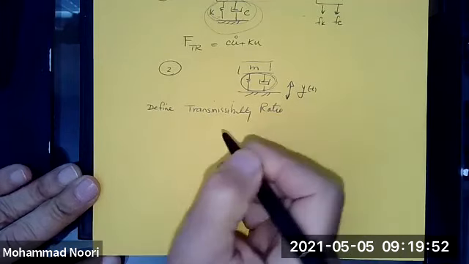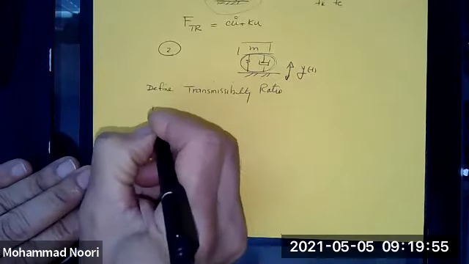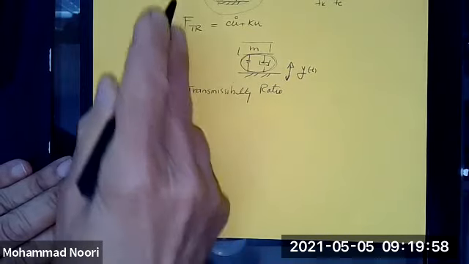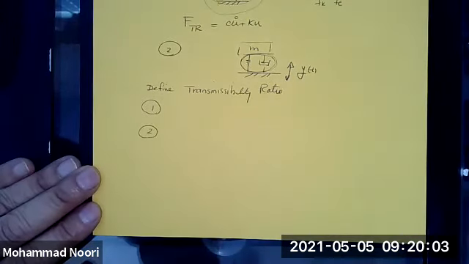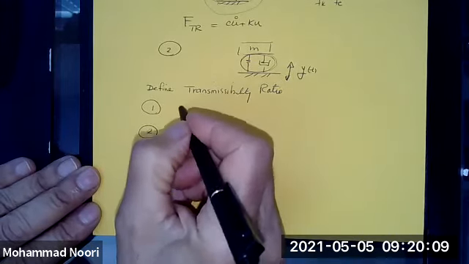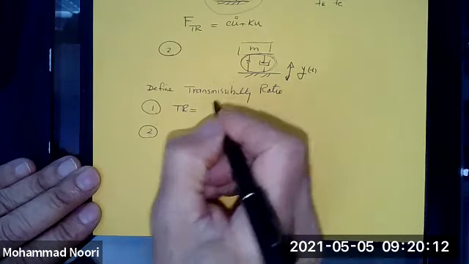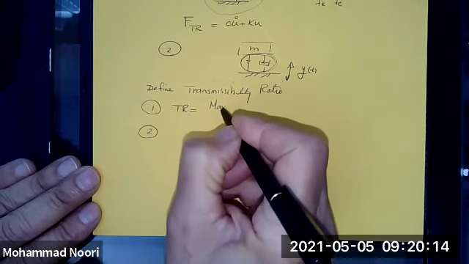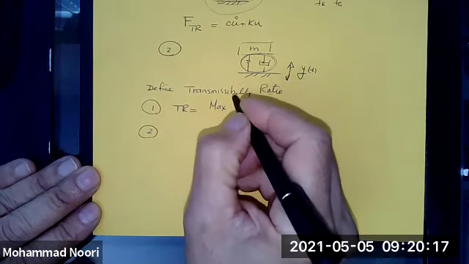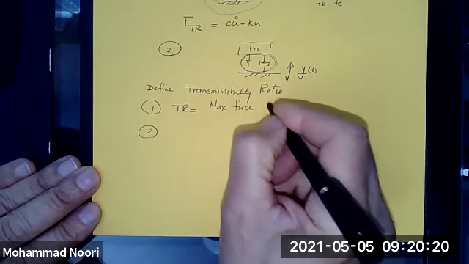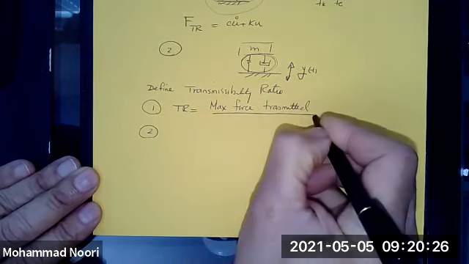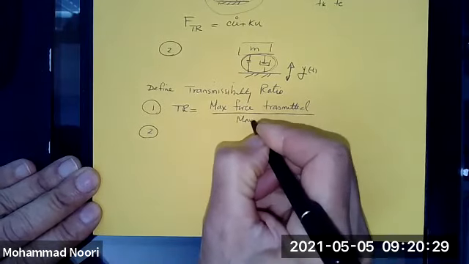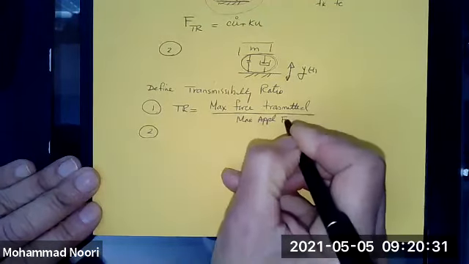This transmissibility ratio is defined this way. For the case of forced vibration, that is, the force we want to isolate the effect of the motion caused by that force, this transmissibility ratio is what? We want to reduce the effect of the maximum force transmitted over the maximum applied force.